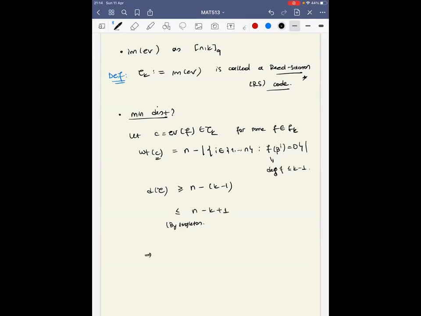And this shows us the minimum distance of the Reed-Solomon code is n minus k plus 1. And indeed, it shows us Reed-Solomon codes are MDS codes.